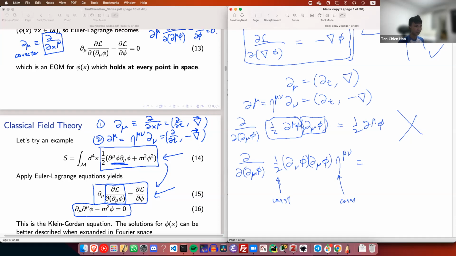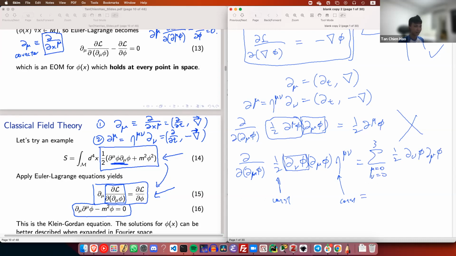Remember these are indices, so if I expand it out fully, it's a summation over mu and nu, each going from 0 to 3, and then it's half of mu this and nu this.